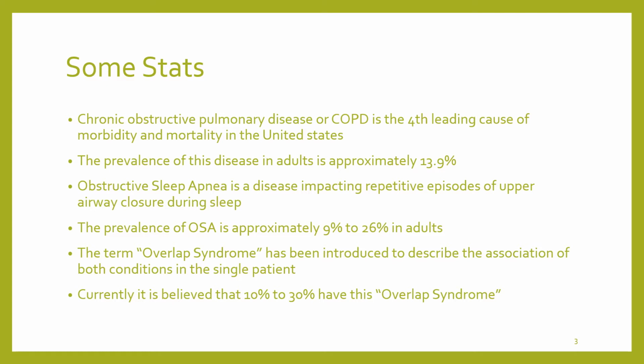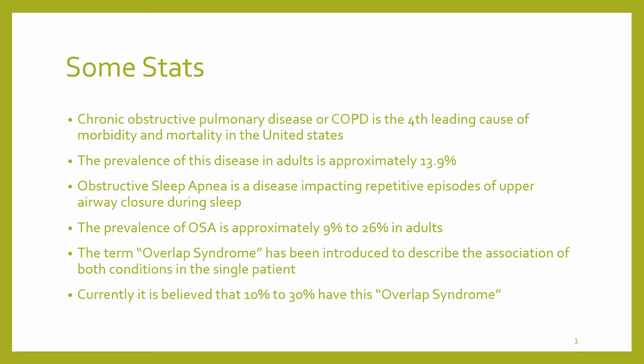Now, when we talk about obstructive sleep apnea, this is a disease that impacts many adults across America and is basically caused by closure of the upper airway during sleep. Obviously, obstructive sleep apnea impacts oxygenation too.